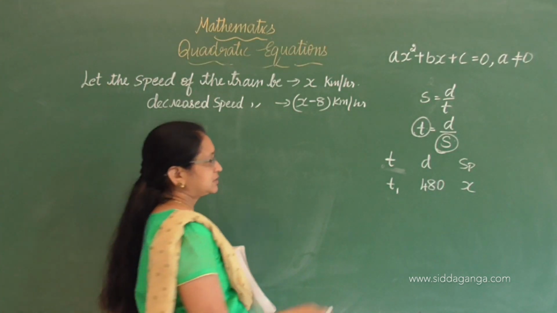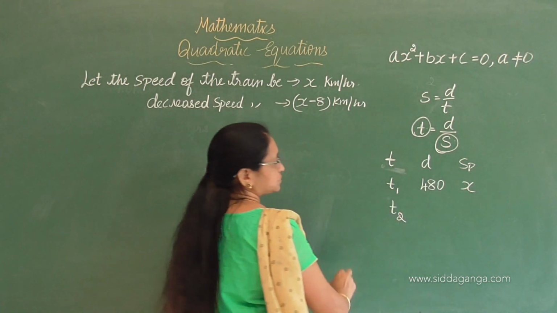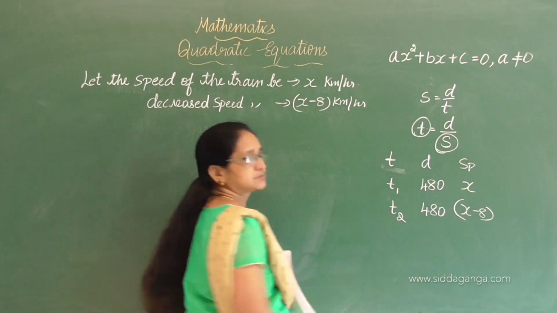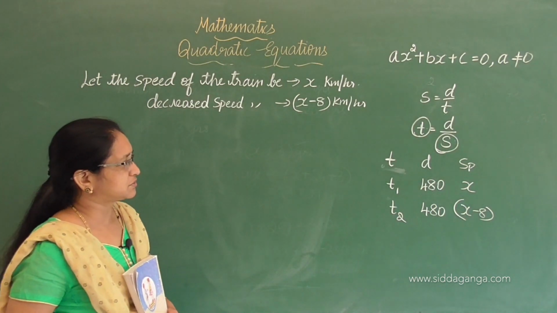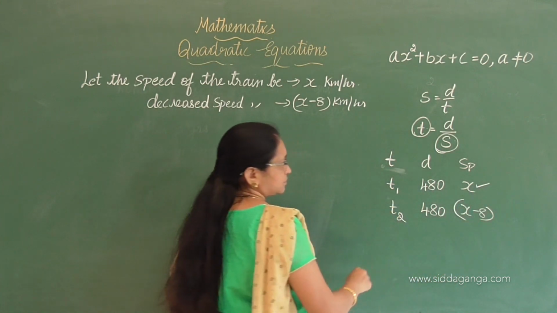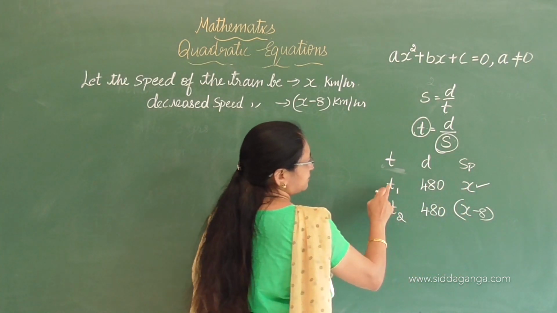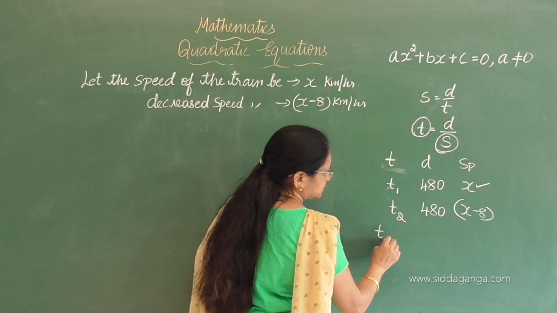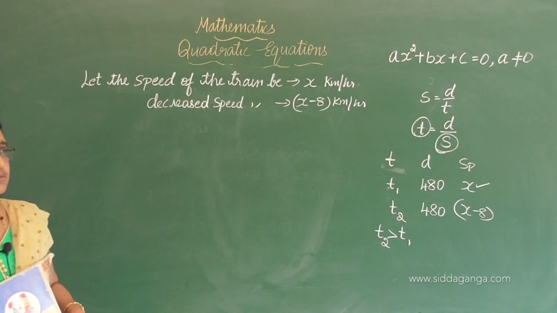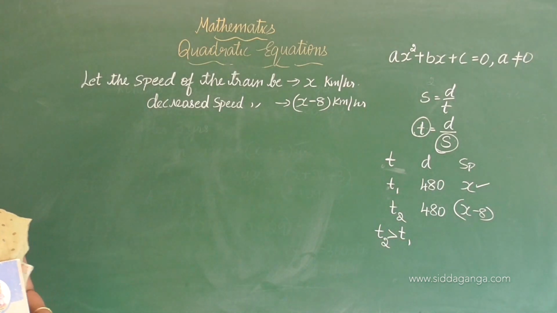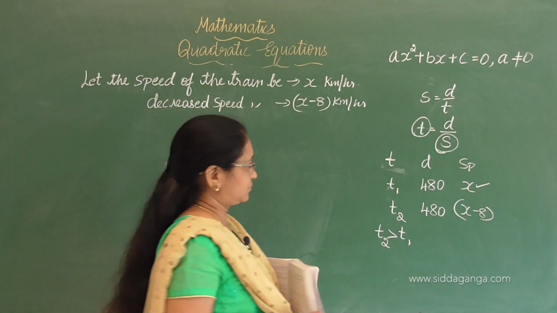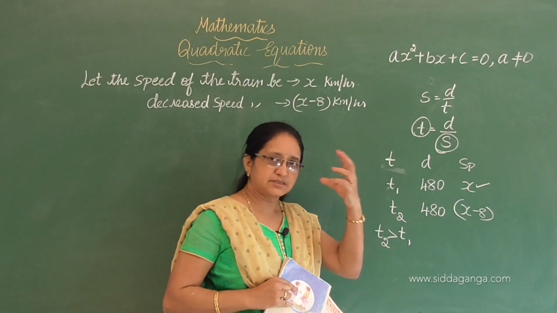Now second situation, time is T2, distance is same, and the speed will be x minus 8, correct. Now you just observe carefully, speed is x here. Now when speed is more, time is less. So can I write T2 is greater than T1? Do you agree with this? Just observe carefully. T2 is greater than T1. Yes? Okay. Please take that in mind.